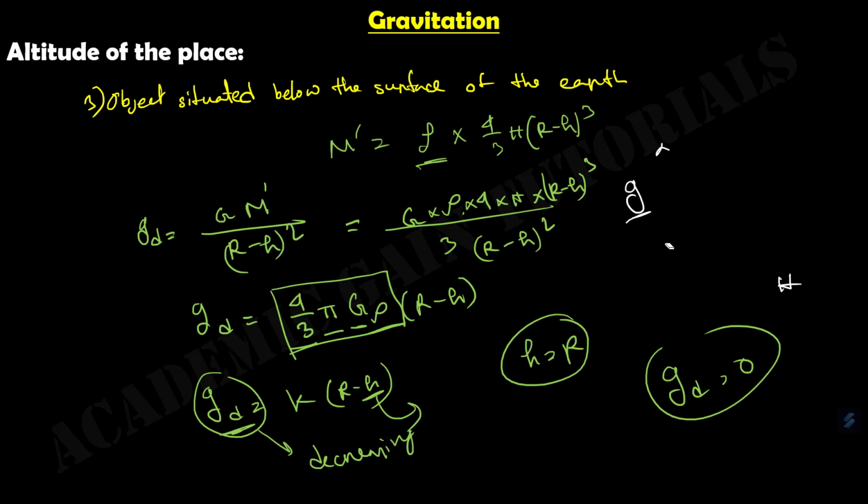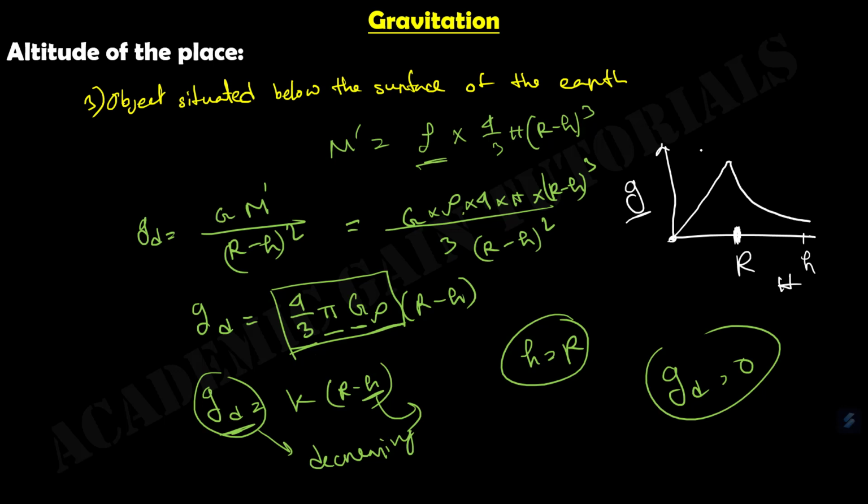This point actually means the center, this is the radius of our earth, and this is the point h. From the center to the radius r, our gravitational acceleration will be increasing in a straight line. And this is the surface of the earth, and from the surface, if we go above, then the gravitational force decreases exponentially.